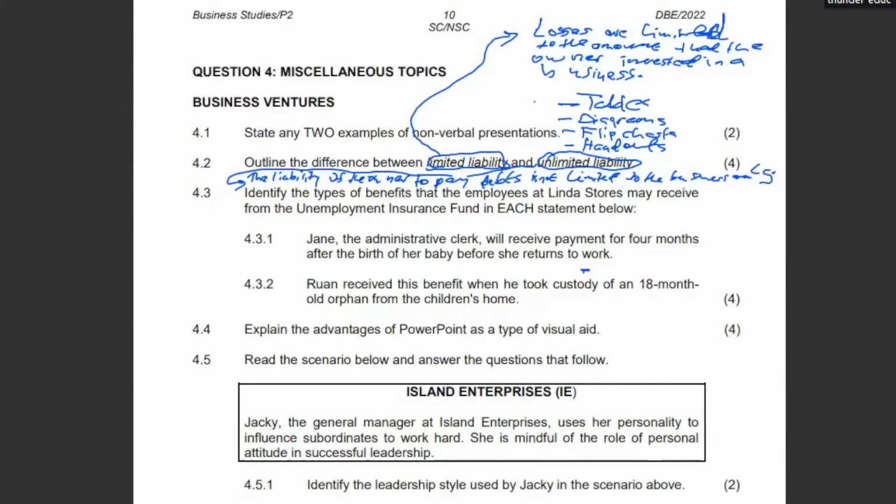So we said that under unlimited liability, the liability of the owner to pay debts is not limited to the business only.